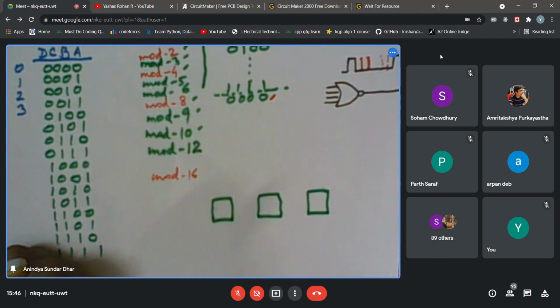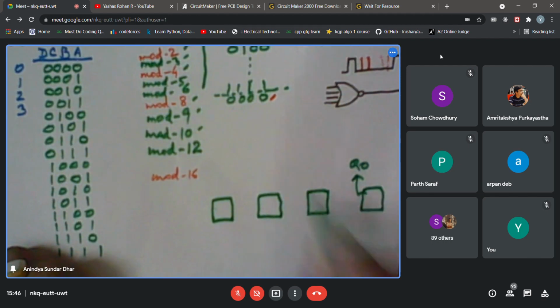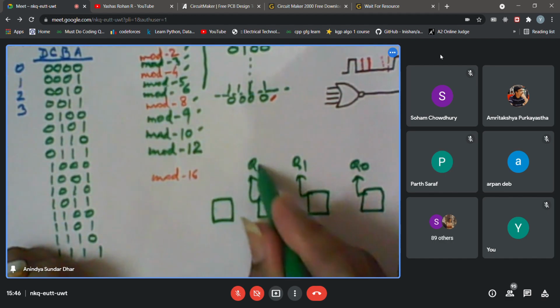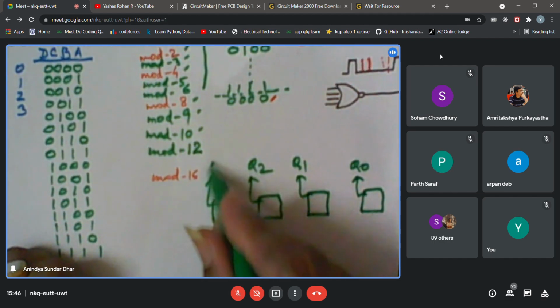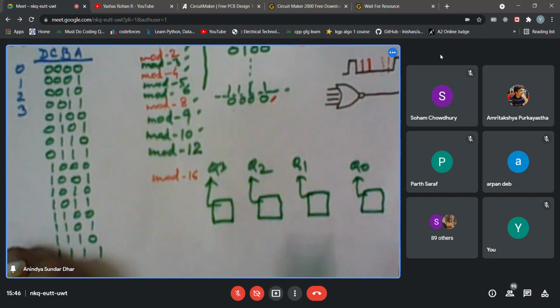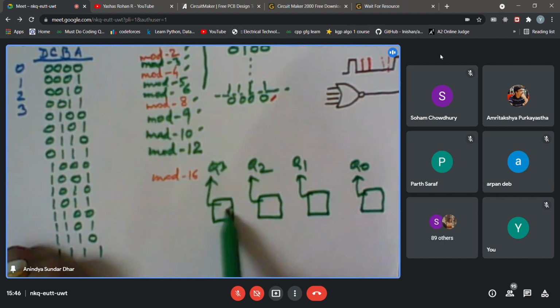If it is Q0, it should be on the LSB side, on the right. Okay, so I'm putting that over here, saying that this is my Q0, this is my Q1, this is my Q2. So going by their nomenclature rather than ABCD, I think maybe I can draw the clock also.